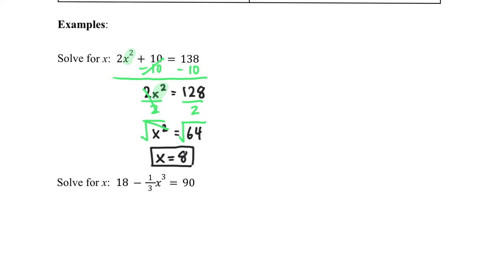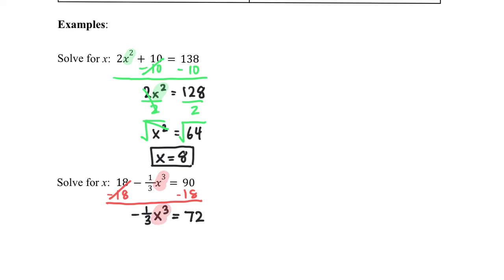Okay, let's try another one. Once again, I want to get x to the third by itself. So I'm going to subtract 18 from both sides. That leaves me with negative 1/3 x cubed equals 72. How do you undo? Well, let's start back here.